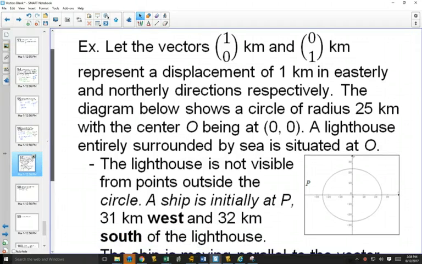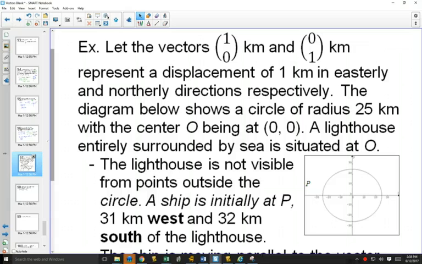So here we have a nice long reading question. The diagram shows a circle with a radius of 25 and the origin being the center. We're imagining there's a lighthouse at that origin which can see out with that radius of 25 kilometers.